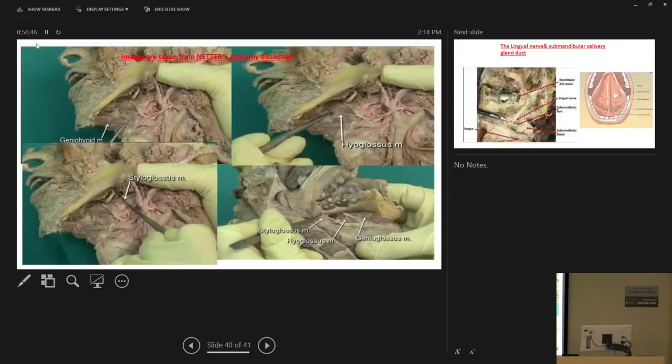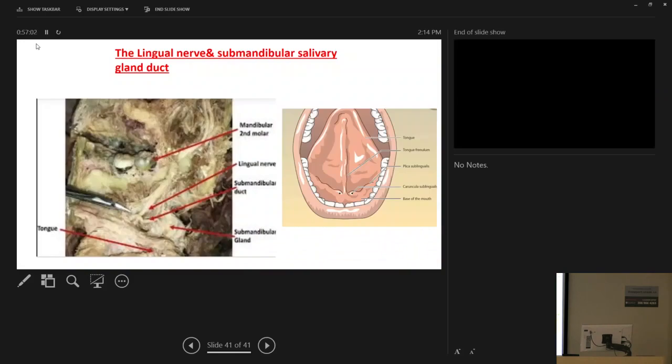Again, we're gonna take a look at the same muscles, but this time from within, from inside. Those muscles are gonna be in this order: genioglossus, hyoglossus, styloglossus, right? Styloglossus, hyoglossus, genioglossus, right? The final product, one of the most important parts of our today's dissection.